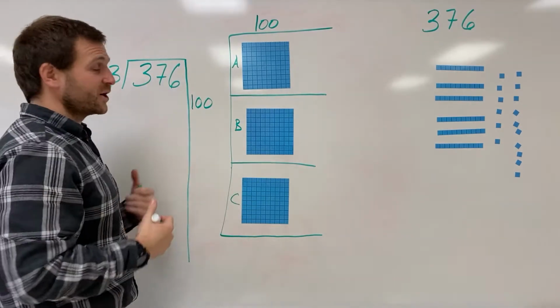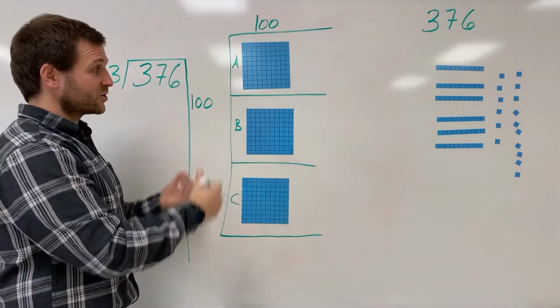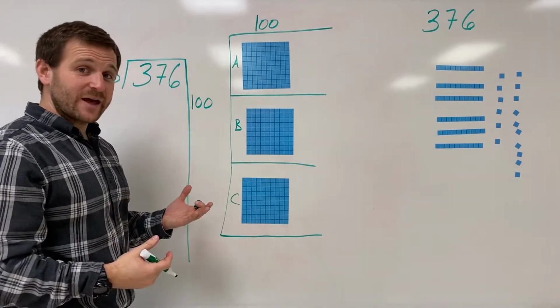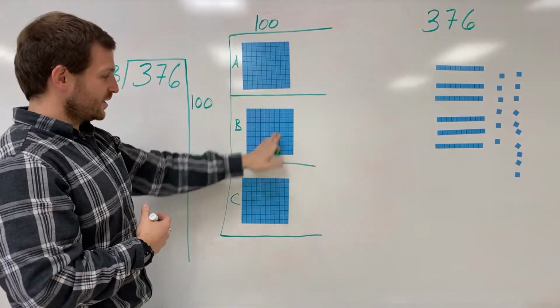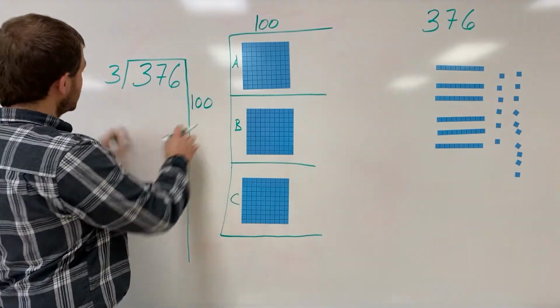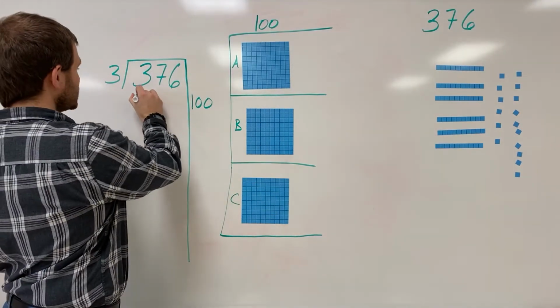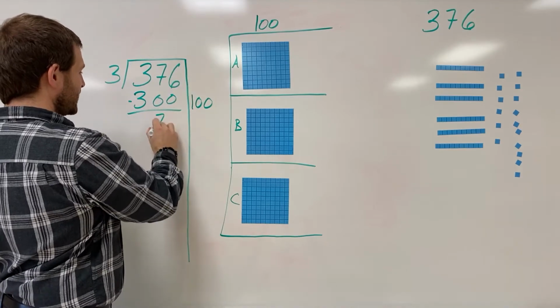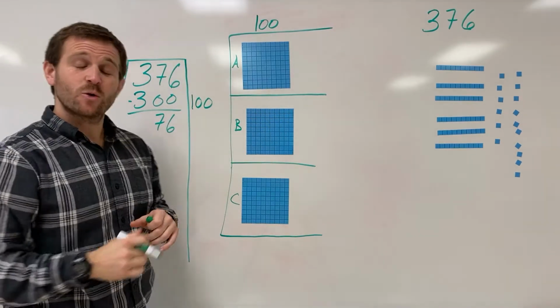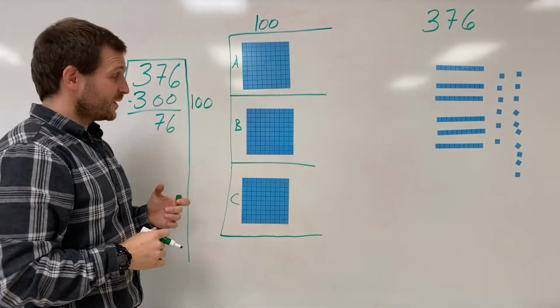I can remove 100 from each, put 100 into each group. Now, if I do that, I need to know how many total did I remove from the group. So it's 100 times the number of groups I have, 100 times 3, and it's a total of 300. I subtract them out to find out that I have 76 remaining over there.